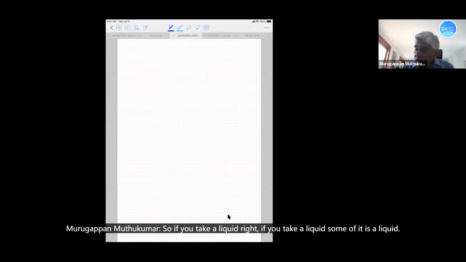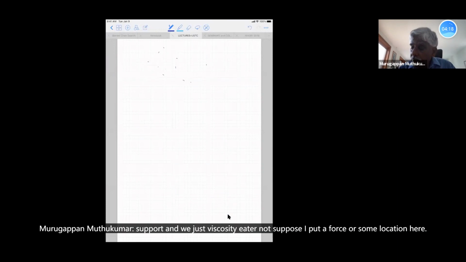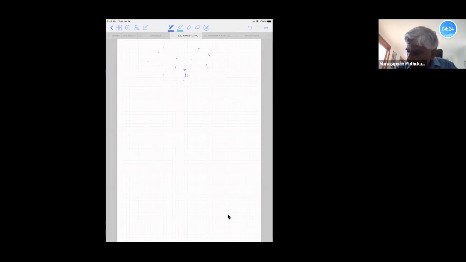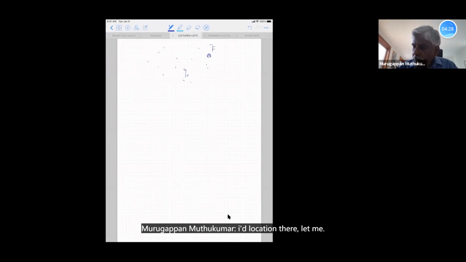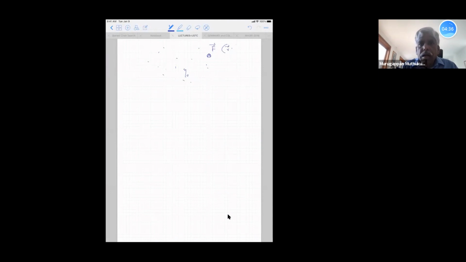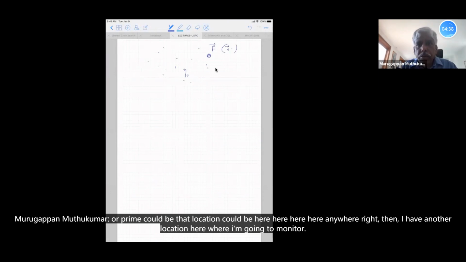So if you take a liquid somewhere, suppose this is a liquid, which has a viscosity eta naught. Suppose I exert a force at some location there. Let me denote that location to be R prime. R prime could be here, here, here, anywhere, right?